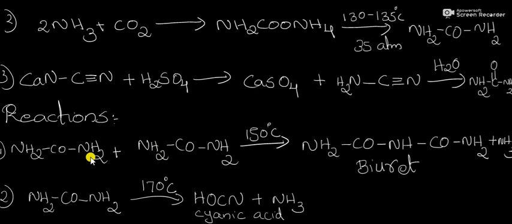And this biuret, when treated with sodium hydroxide solution and a drop of copper sulfate solution, gives a violet color. This is known as the famous biuret test that we will do in our organic practicals for the detection of urea.